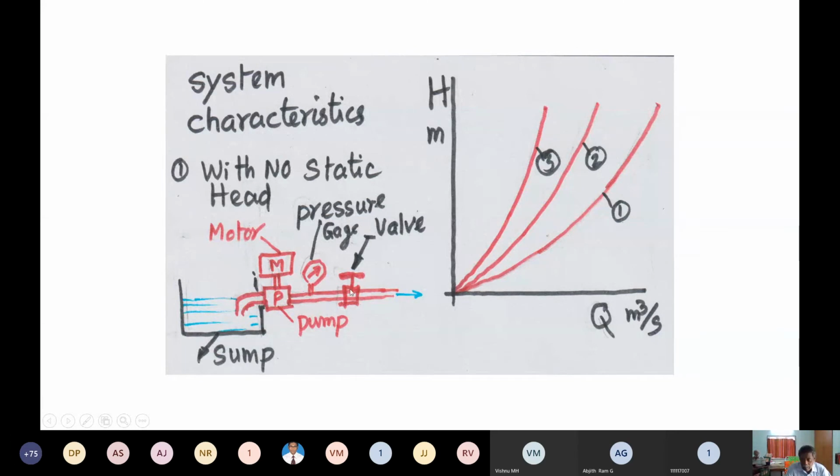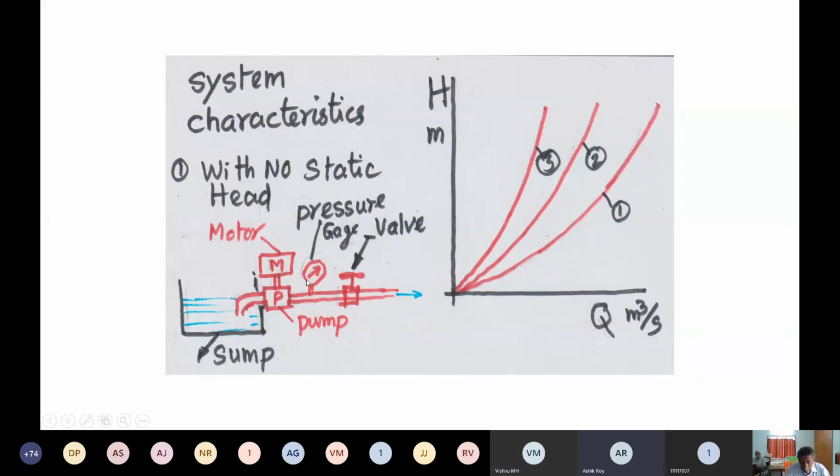Now for a particular valve position, when the pump is not at all working, you will have zero discharge. That is the starting point for all. Now I keep the valve slightly opened and vary the discharge by varying the speed of the motor. As the speed of the motor increases, the discharge will increase. So this corresponds to curve 1, where the head is plotted against discharge. Now how do I get the head? I have a small device here between the pump and the valve. Can you see that? Yes, sir.